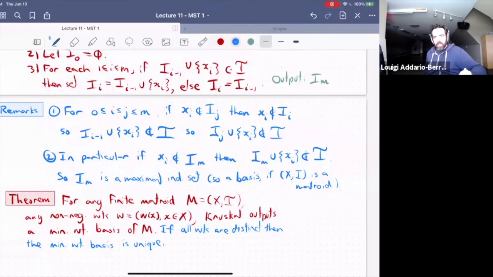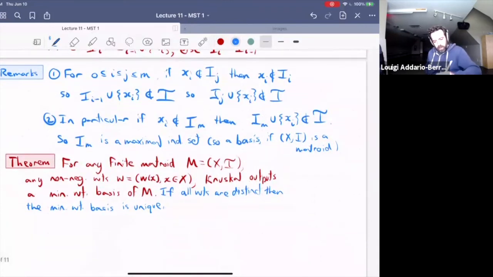Okay, so that's the first theorem. I will prove that in just a second. The second theorem I won't prove, but the proof is in the notes. This connects Kruskal's algorithm with the definition of matroids.